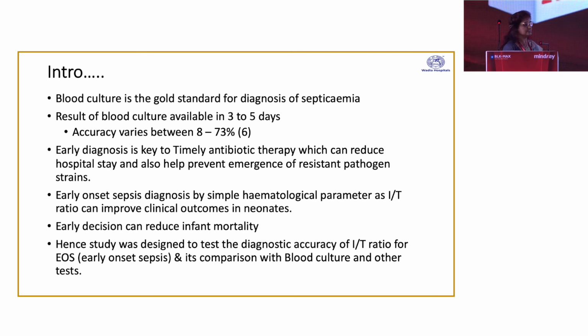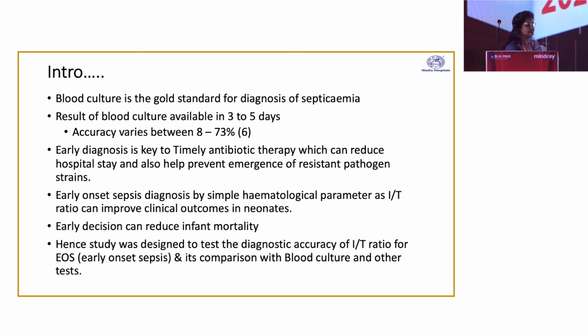On the first day we get the CBC sample, and we can report whether this particular child is going to have septicemia or not. So early diagnosis is key. It helps the pediatrician with timely antibiotic therapy, and it also helps prevent emergence of resistant bacteria. Early decision can reduce infant mortality.